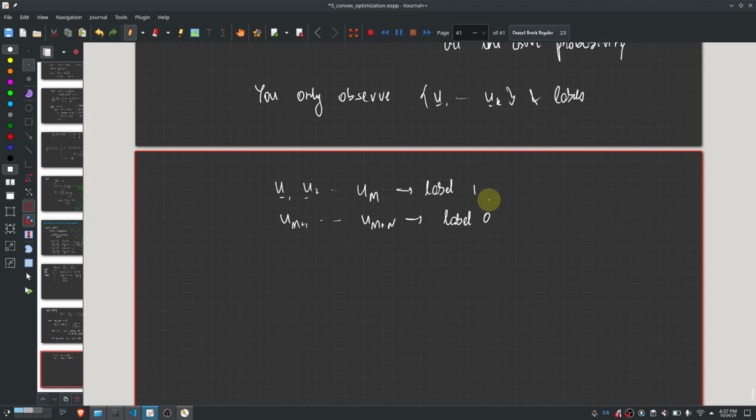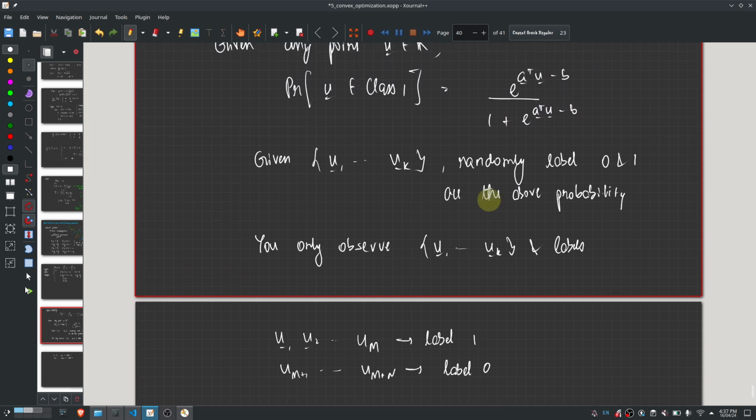Correct. So it wouldn't be raised to m, because the probability that ui is labeled 1 depends on the value of ui.